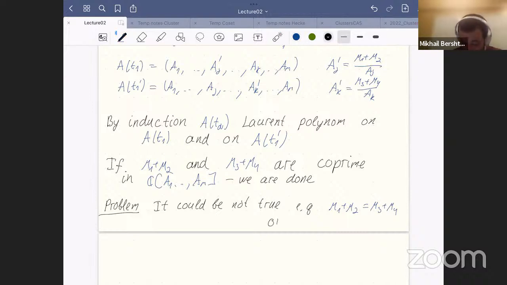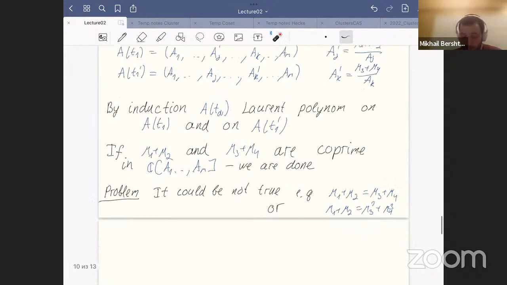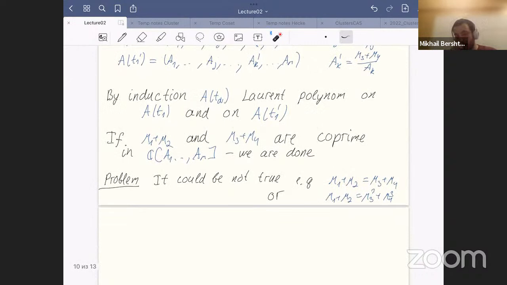Or it could be that M1 plus M2 is some M3 cube plus M4 cube. So one of the rows is 3 times another row. Again, these two binomials are not coprime. So we are almost done, but actually not, because the argument could fail.